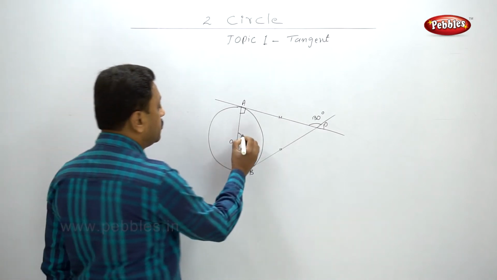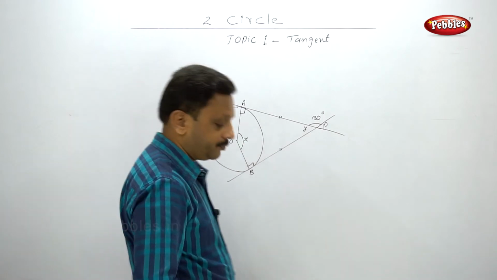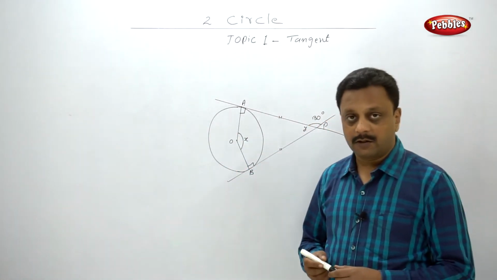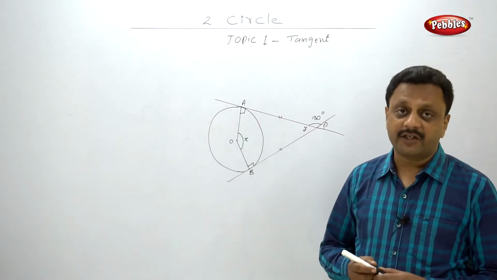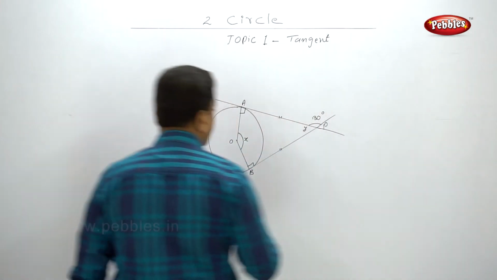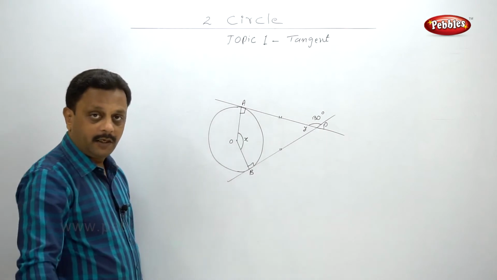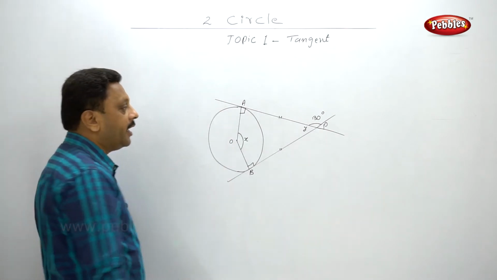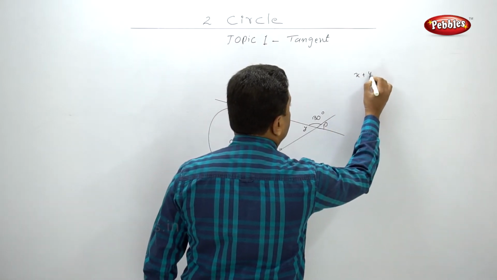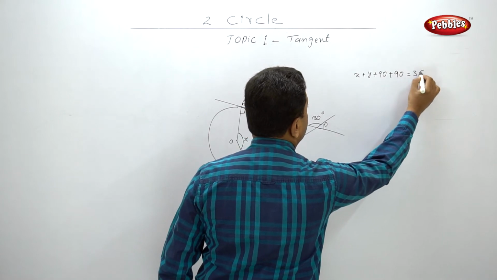So I will name this angle X, I will name this angle Y. You can name any angle, give names in small letters, or if one angle is there, write theta. So now I can say that in quadrilateral AOBP, you have to write this, X plus Y plus 90 plus 90 is equal to 360.